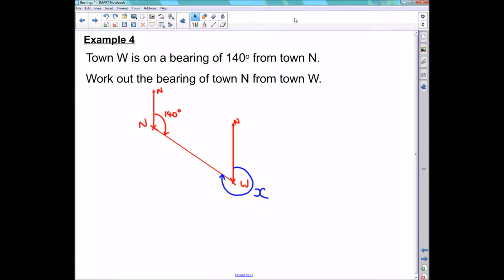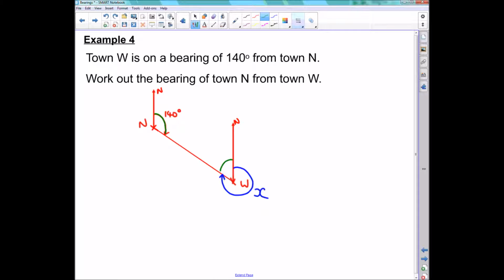Now hopefully you've noticed that these north lines are actually parallel lines, so we can use all of the rules about parallel lines here in this question. Hopefully you've also noticed that these two angles, 140 and this angle here, are interior angles, and interior angles add up to 180.